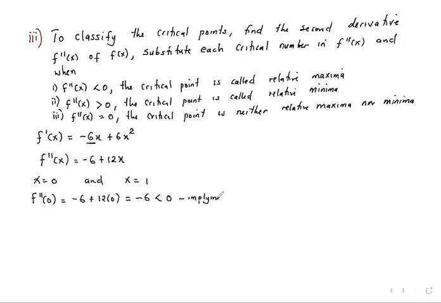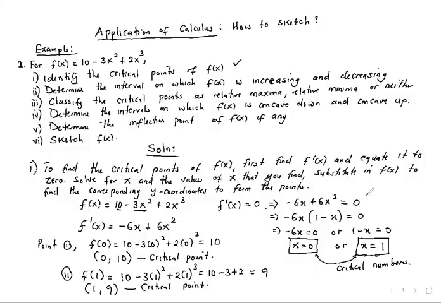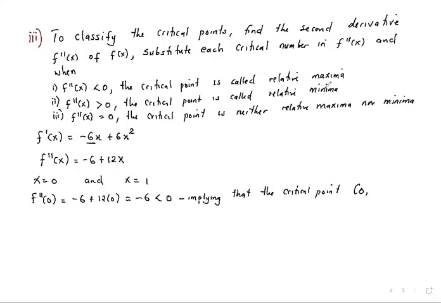Implying that the critical point 0, what point did we get using 0? We got 0, 10. 0, 10 is a relative maximum.